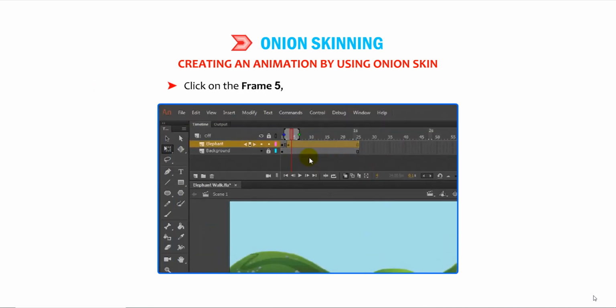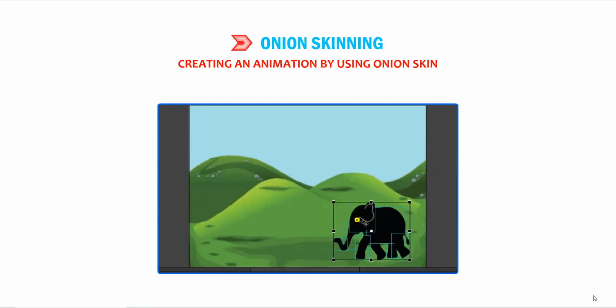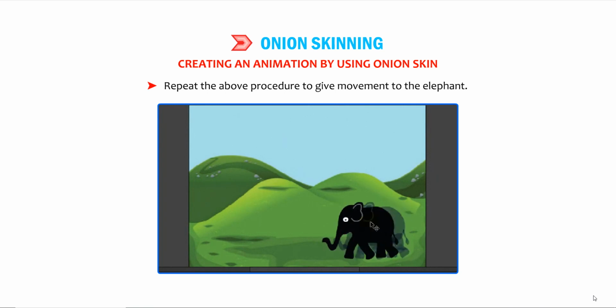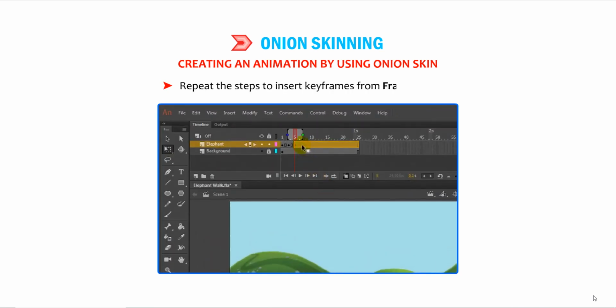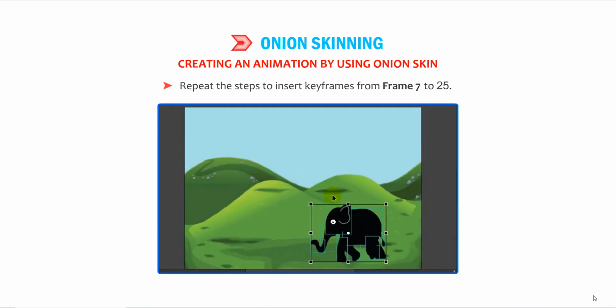Click on the frame 5 and press F6 to insert a keyframe. Repeat the above procedure to give movement to the elephant. Repeat the steps to insert keyframes from frame 7 to 25.